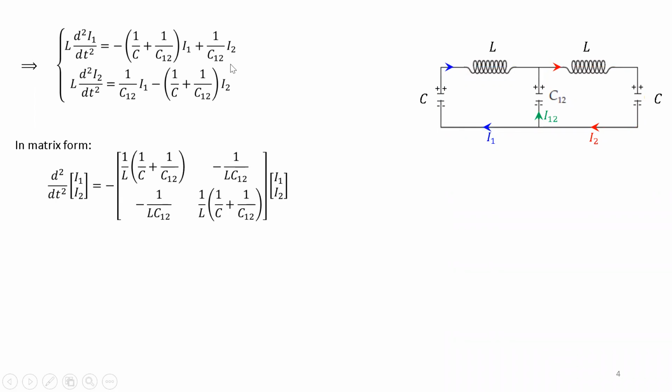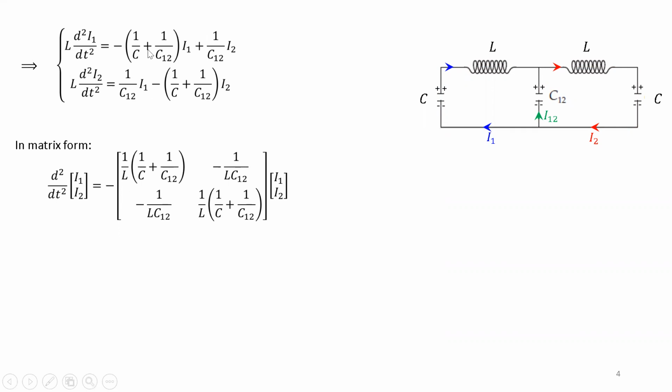Then you get this. This form really looks exactly like what we had for the coupled mass spring system: second order derivative on the left-hand side, and then the two variables on the right-hand side.